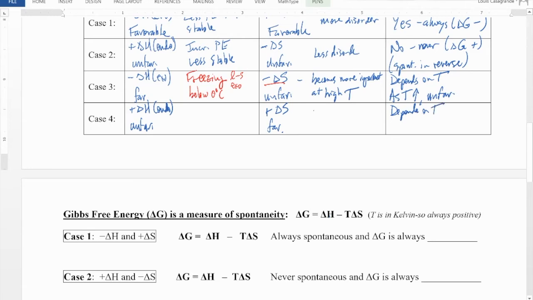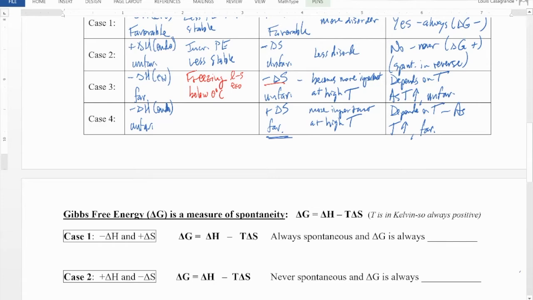But again, this still is more important at high temperature. So if the favorable one is more important at high temperature, what that means is that as the temperature goes up, the reaction becomes more favorable. And so delta G becomes negative at high temperatures.